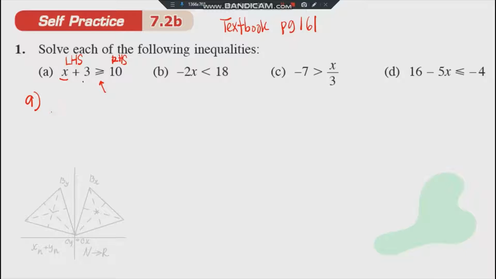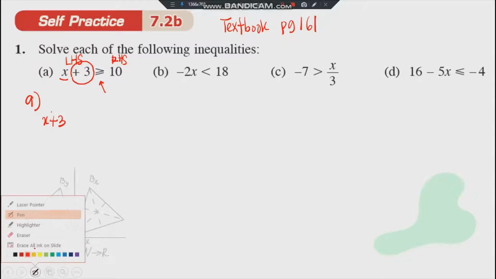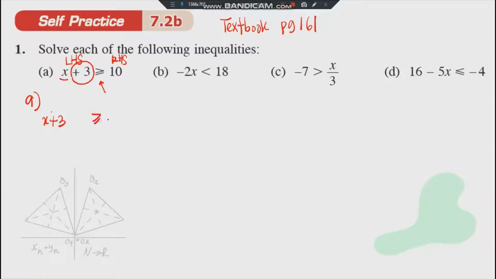We have x plus 3 on the left hand side, so we want to get rid of the plus 3. How can we get rid of the plus 3? We're doing the opposite operation. I will write down all of the inequality first.